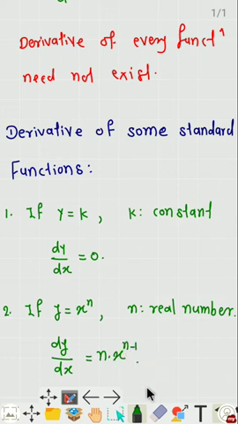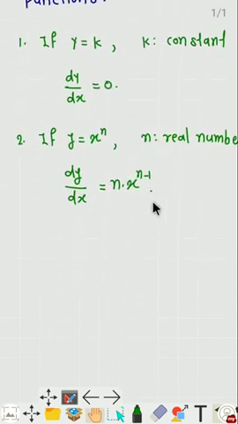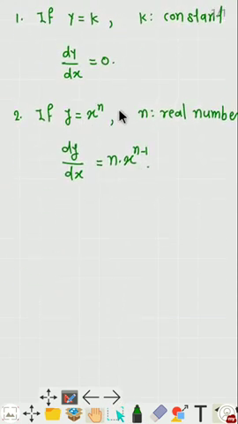This is our second standard function and its derivative. Our standard function is y equal to x raised to n, and its derivative is dy by dx equal to n into x raised to the power n minus 1. Now let us go to the next, third standard function.